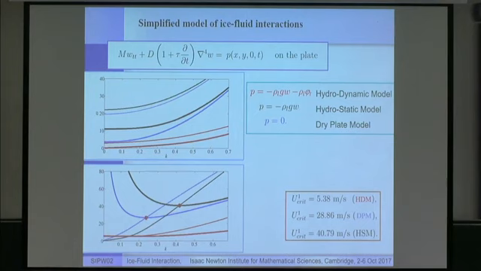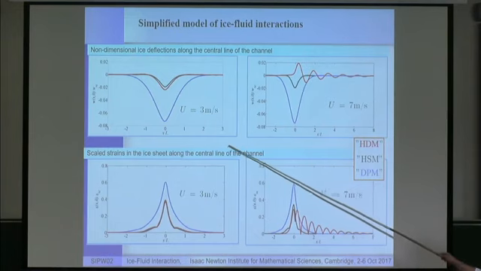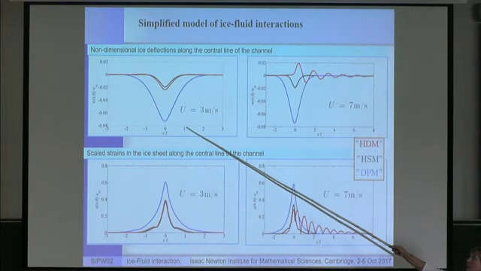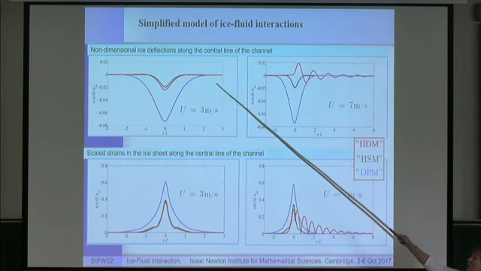And because the critical speed is very important for the moving loads or for the other results which were shown before, we can see the difference even for the under critical speed. For the dry plate model, when the plate isn't supported by the water, the deflection is much higher, while the hydrostatic is close.